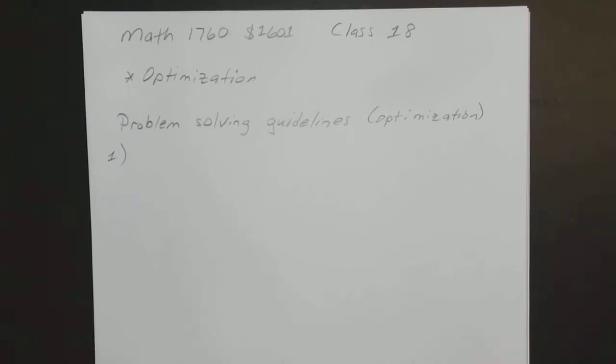Okay, so the first thing you want to do is you want to identify everything that was given to you, all the quantities that they gave you just in the description.